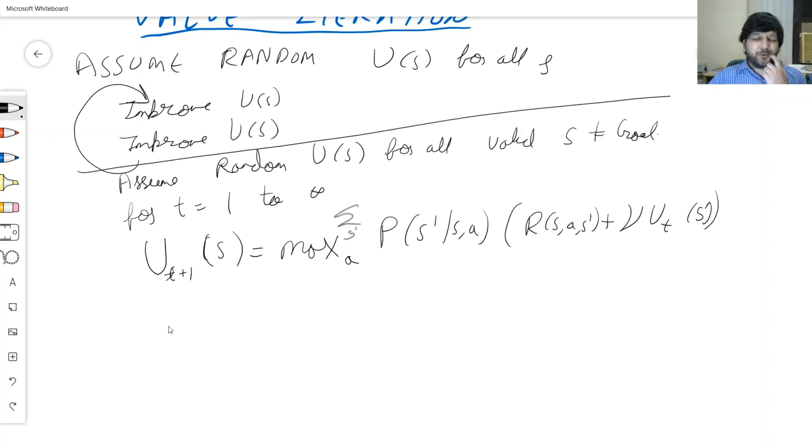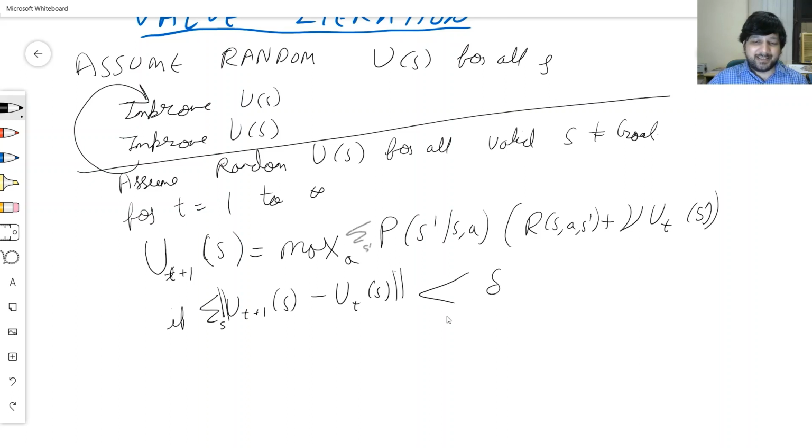And now if you just want to break, you just say if the sum over all s of the absolute value of U_{t+1}(s) minus U_t(s) is less than delta, or less than a small number epsilon, then break.